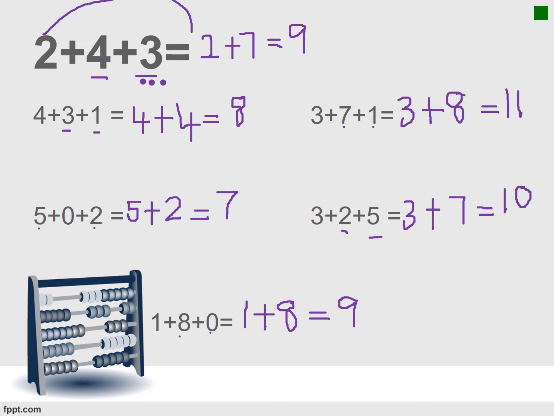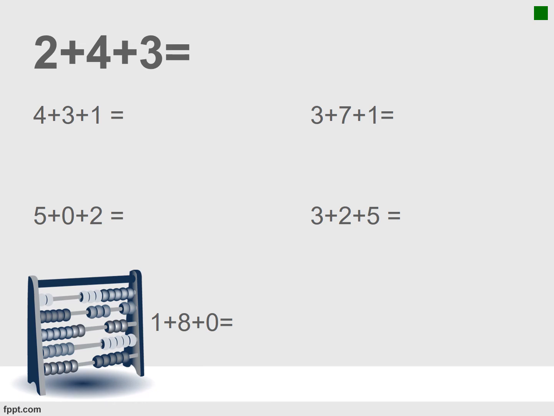So now we know how to add 3 single digit numbers by first adding the last 2 numbers. Okay, now this is the third slide. Let's find the answer of these 3 single digit numbers by adding the first number and the last number first. So how are we going to do that?